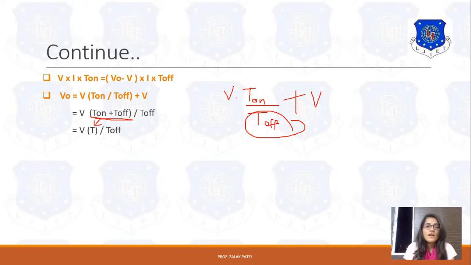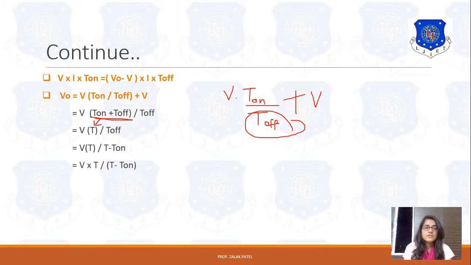So now we have V into T divided by T off, so it can be written as V into T, where total time T is equal to T on time plus T off time. So off time can be written as T minus T on time, so it can be written as V into T divided by T minus T on time.